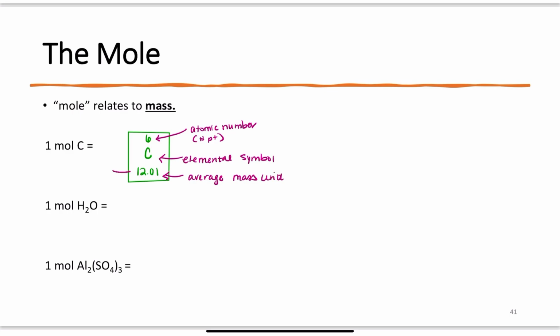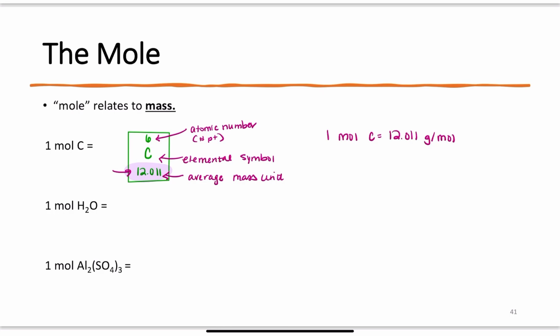But this also tells you your moles. So you may see it say 12.01, it may say 12.011, depending on how accurate your table is. Some go up to 6 decimal places. But 1 mole of carbon is equal to 12.01 grams per mole. So this number down here is telling me how many grams I have in 1 mole of that substance.